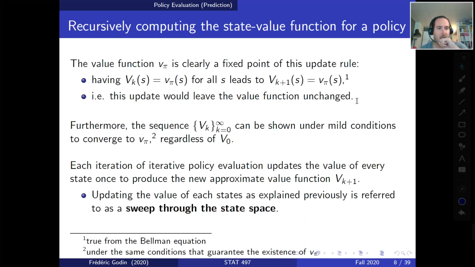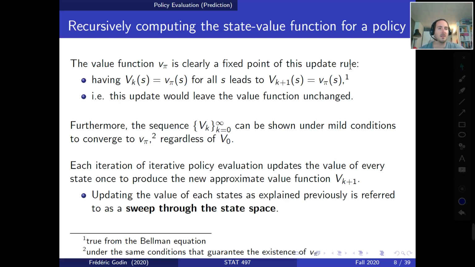One quick note about this is that the function v pi is clearly a fixed point of this update rule. I'm not going to assume that students have an extensive understanding of fixed point theory. If you were exposed to that in your analysis course, that's great, but otherwise, don't worry about it.